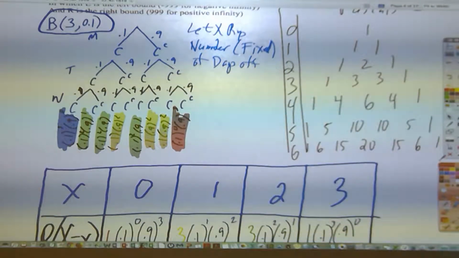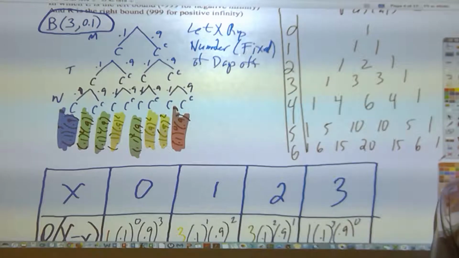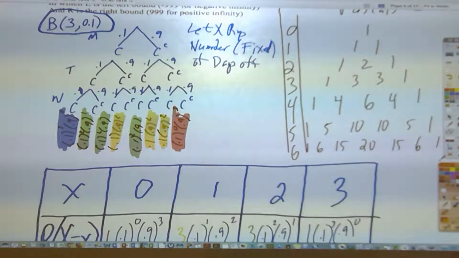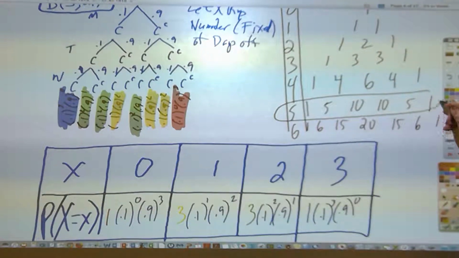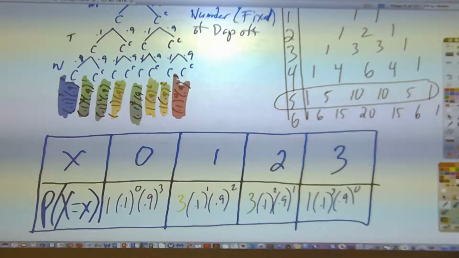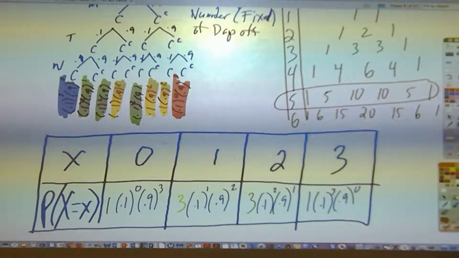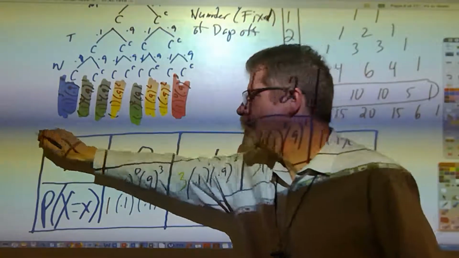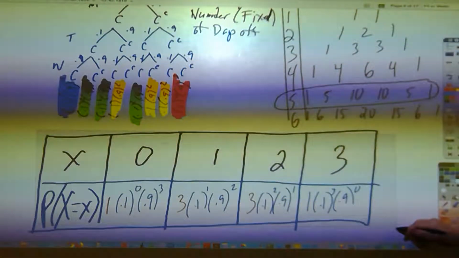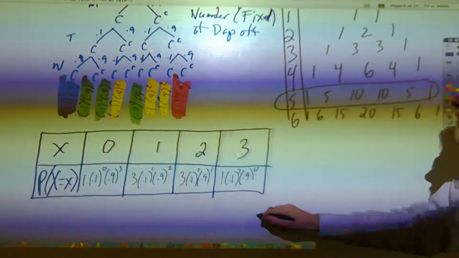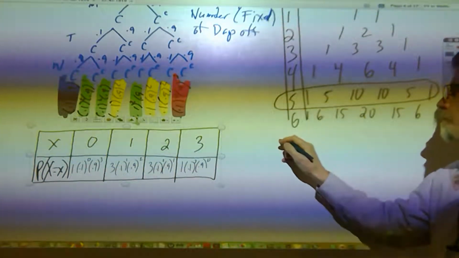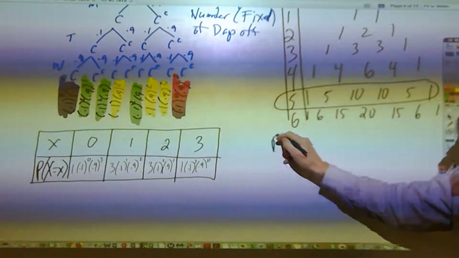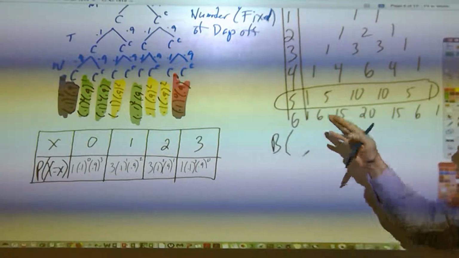Now, here's how we use Pascal's triangle to fill in a binomial model. In fact, let's take a look at 5 days of school. Suppose the polar vortex might be here for 5 whole days. Or we don't know if there's going to be a polar vortex or not, but we have this model, the model B of 5, 0.2.